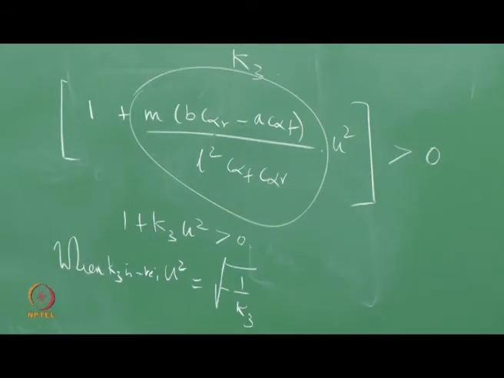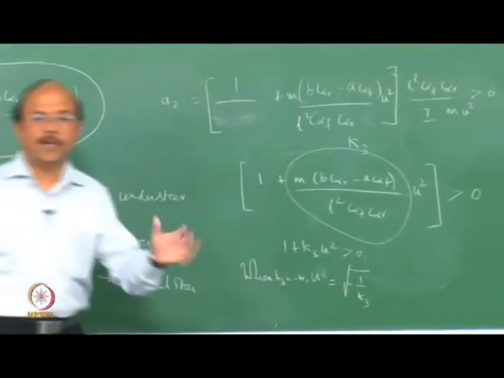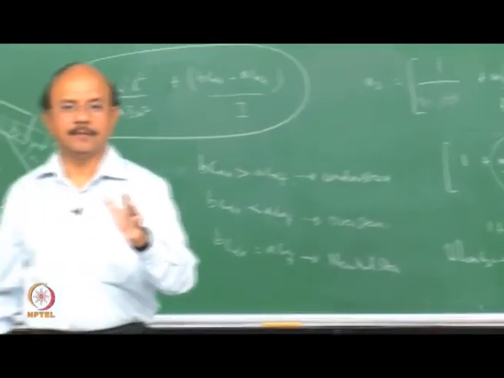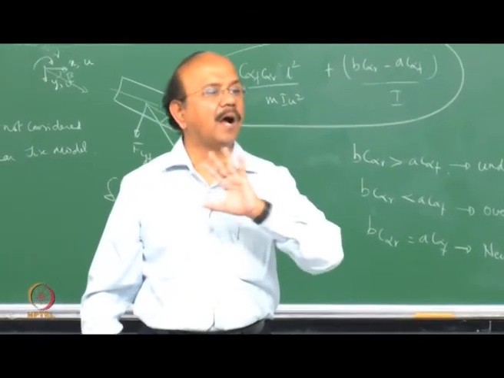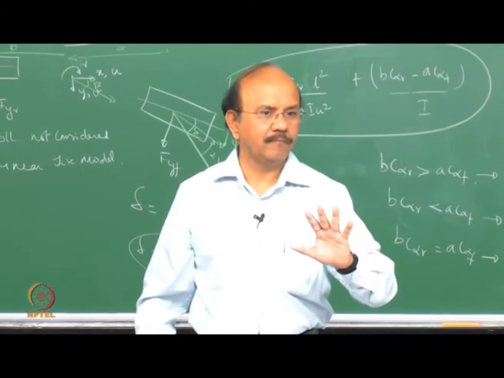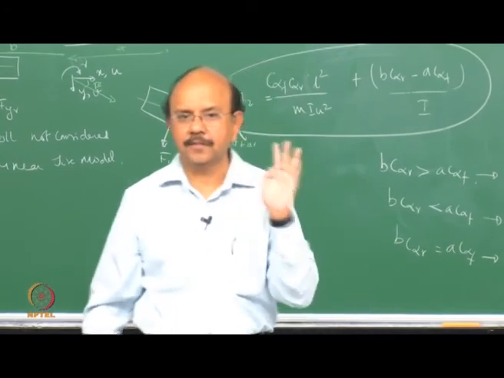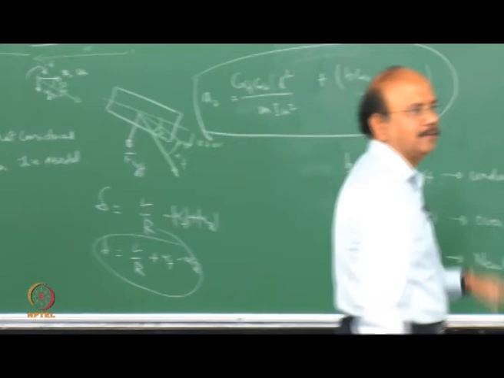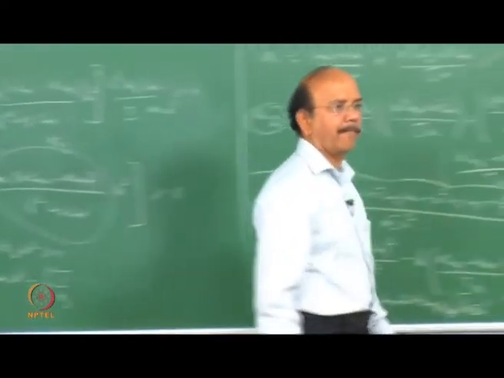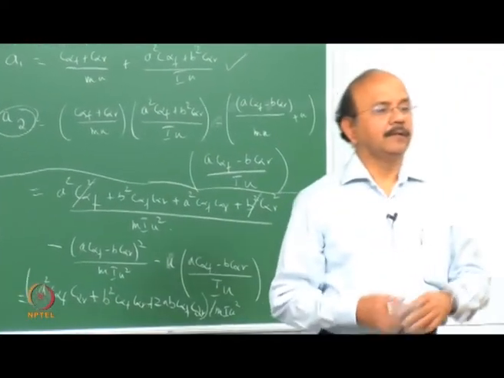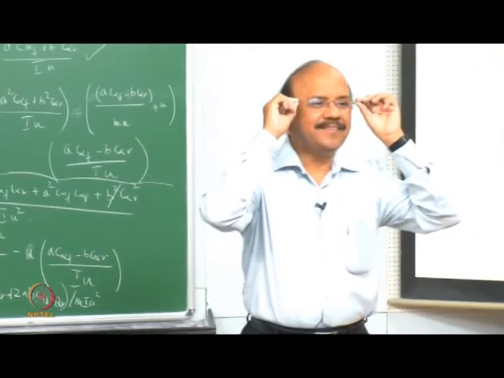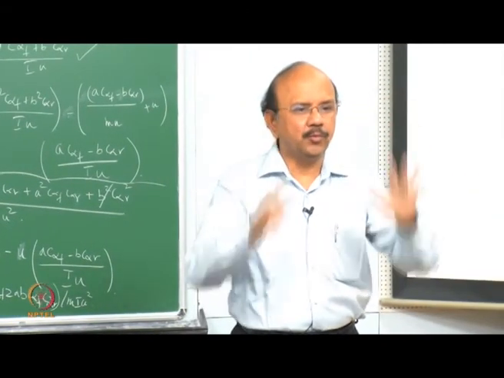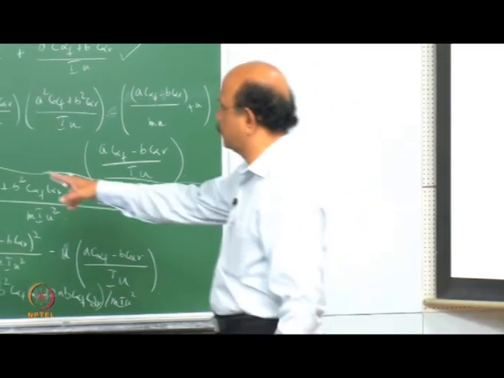That is the condition, not u squared, sorry, u, beyond which the vehicle is going to be unstable. Oh wow, that's a very interesting conclusion. Clear? So in other words, what happens is the entry of the term u in that expression.